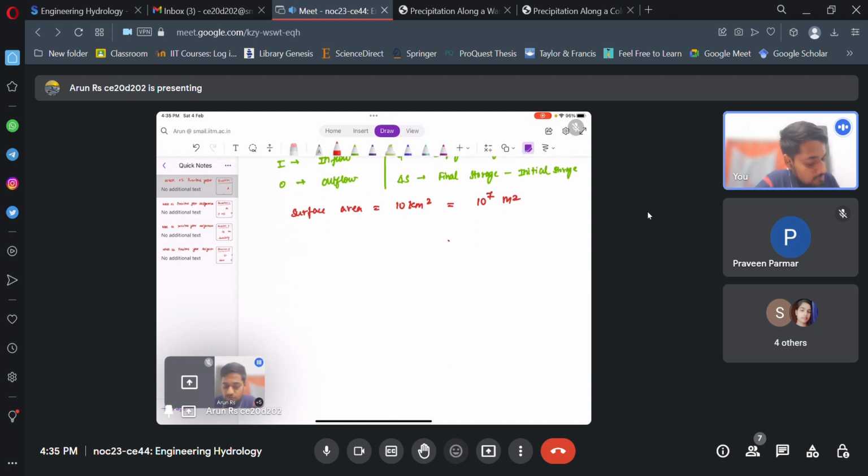So the precipitation is 5 mm per hour, and it happens for a duration of 4 hours. So the total depth of precipitation is 20 mm. And we are going to convert this into volumetric terms. So P is equal to 20 into 10 power minus 3 into 10 power 7 meter cube.